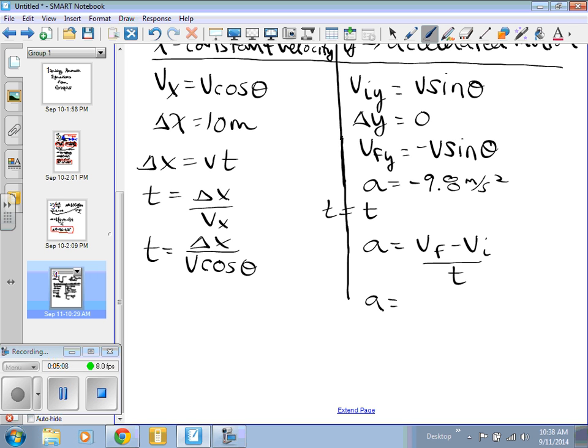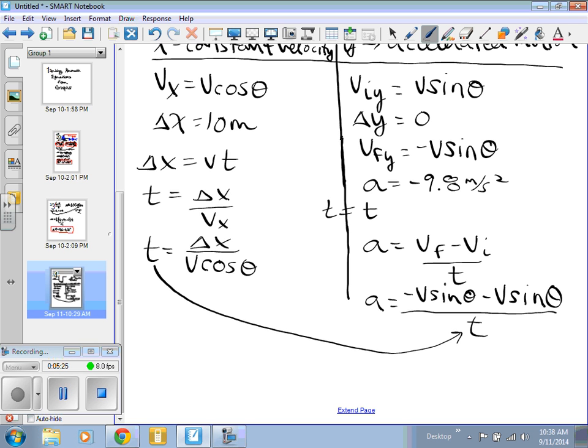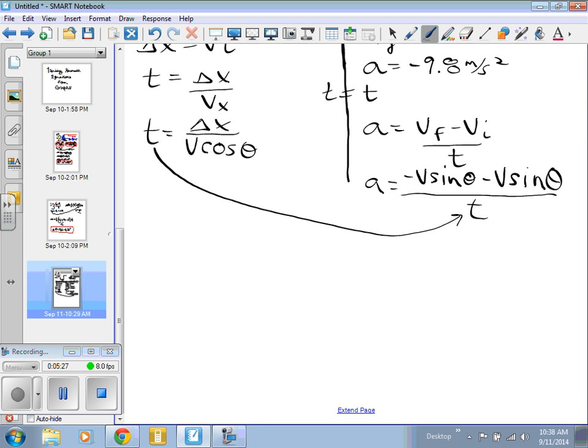And our v final is negative v sine theta. Our v initial is v sine theta. And then we have t. So what I'm going to do is plug this t in here and then reduce it till we have one equation, and then we'll plug in numbers at the very end.